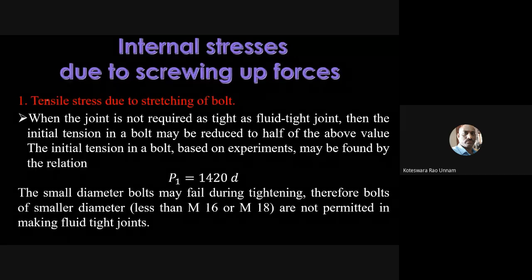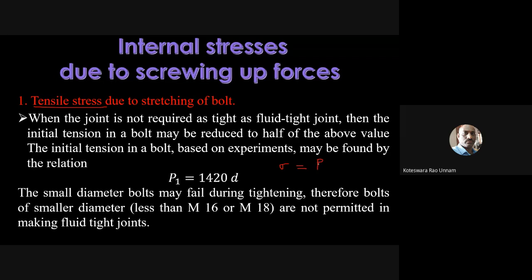Even though the formula is not given here for computing the tensile stress, we know that the tensile stress sigma is nothing but our load P1, the load due to initial tightening, whether it is a fluid tight joint or a non-fluid tight joint. If it is a fluid tight joint, you take P1 as 2840D. If it is a non-fluid tight joint, you take P1 as 1420D, divided by AT, the tensile stress area.